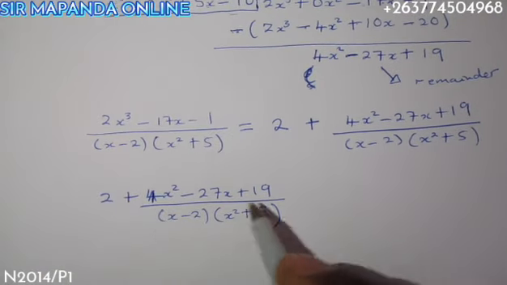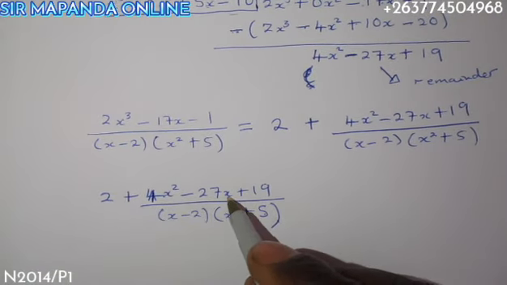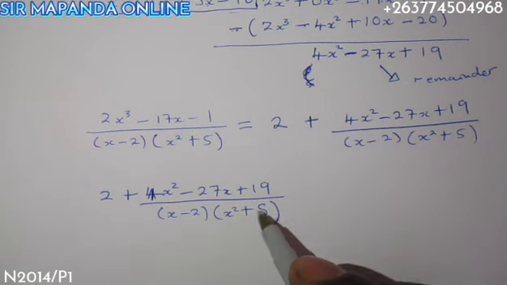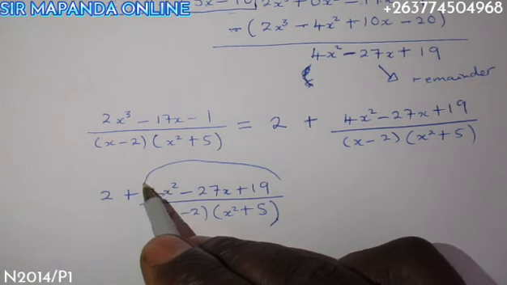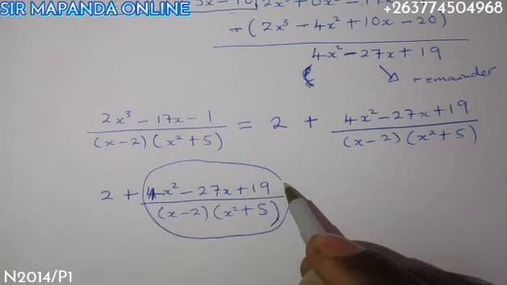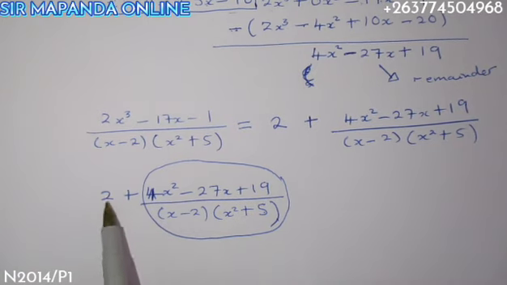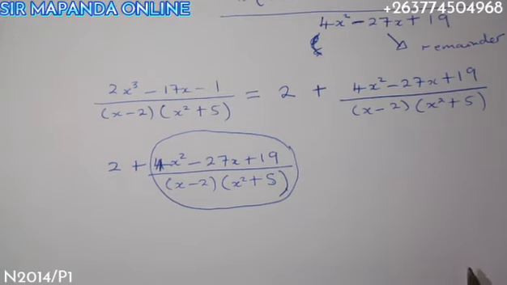Right, so 4x squared minus 27x plus 19 over x minus 2, x squared plus 5. I'm going to express this into partial fraction. Then after that, I place 2 on the answer as your first term. I hope you are following.